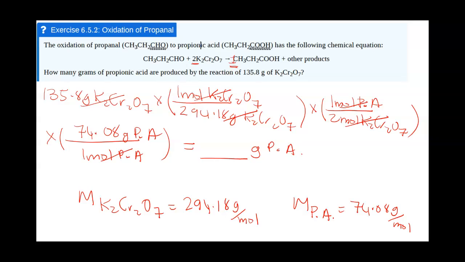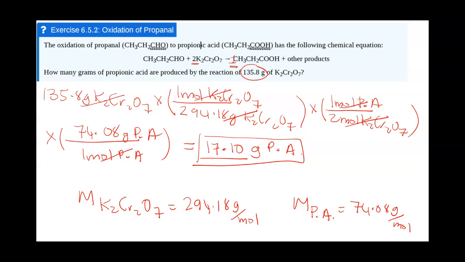And there we are. We're going to give this to 4 significant figures. So it ends up being 17.10 grams of propionic acid that can be made from that amount of potassium dichromate.